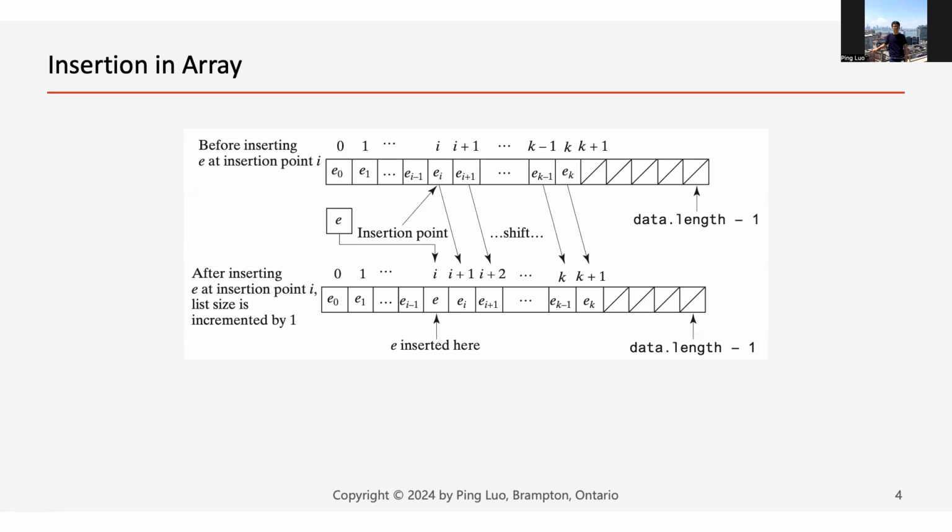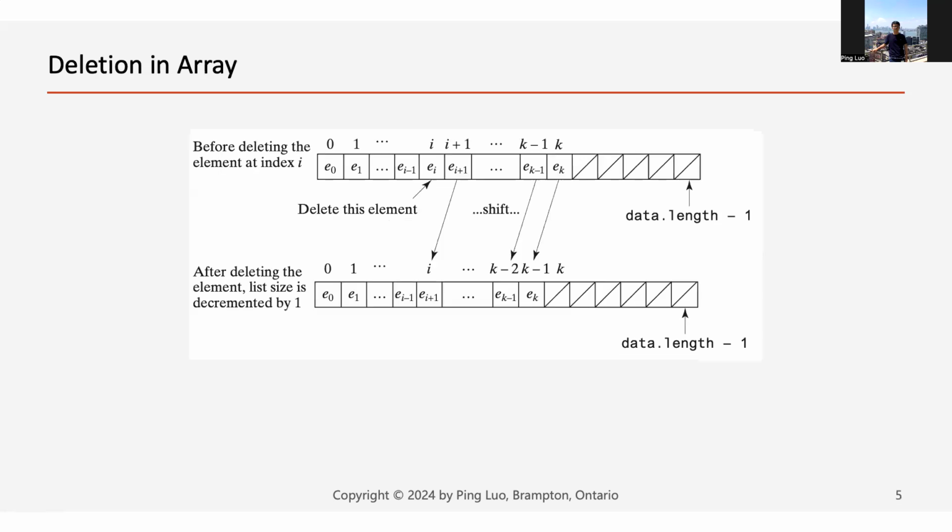Otherwise, it will just replace the value in the previous location. Similarly, for deletion, we need to remove this element first. Actually, we can print out this element. And after that, we have to move everything to the previous location. This will waste a lot of time. Basically, we just want to get an element, but we need to do all these kinds of operations.